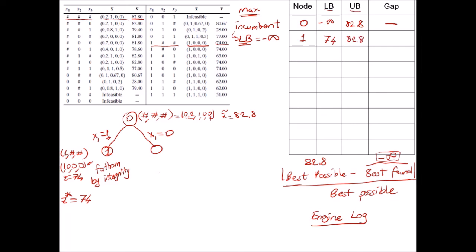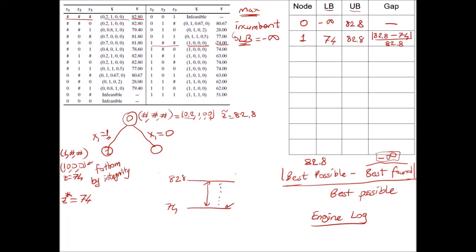Now the gap value will be calculated by 82.8 minus 74, best possible minus best found, divided by best possible, 82.8. This is the gap that we will obtain from node 1. So what gap is it? Currently, it says that your best possible value can be 82.8. This is your best possible value. And your lower bound is 74. And your optimal solution will be somewhere in between.